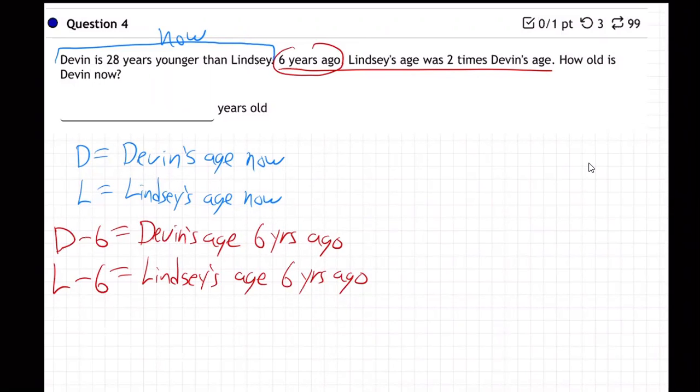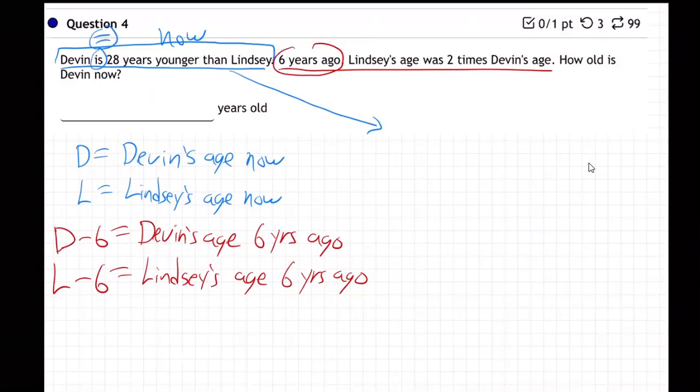So now we have 2 letters, so you know we need 2 equations. So how are we going to do it? Well, the first equation will be right here. Devin is really nice and easy.